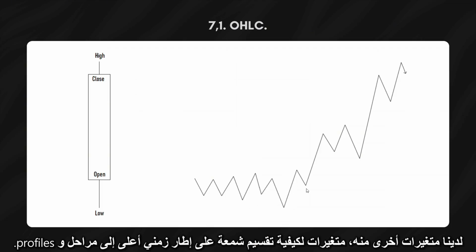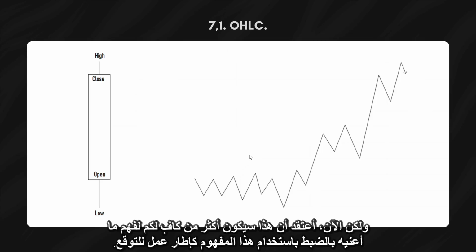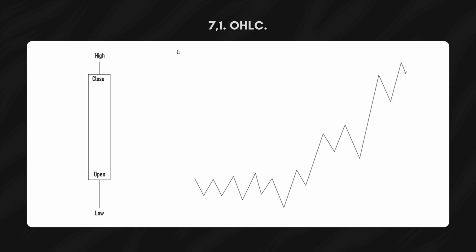We've got other variants of how a higher time frame candle can be broken down into phases and profiles. And I'm going to explain those other variants to you sometime later in my trade breakdowns. But for now, I think this one will be more than enough for you to understand exactly what I mean by using this concept as an anticipation framework. Okay?